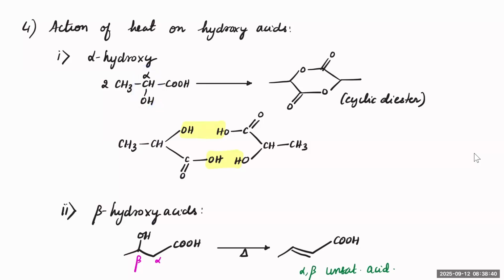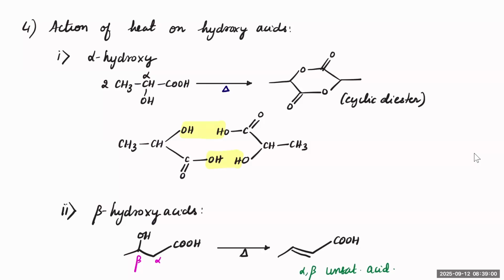If at alpha position we have OH group, then as soon as you heat it, you will see the dehydration starts, but between two molecules. What is this dehydration exactly? Basically, it is an esterification.